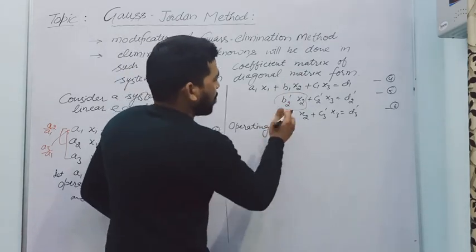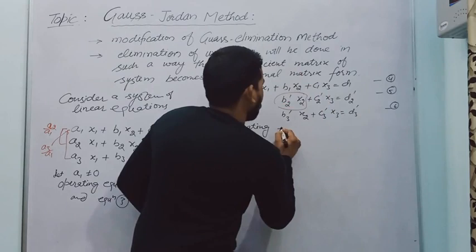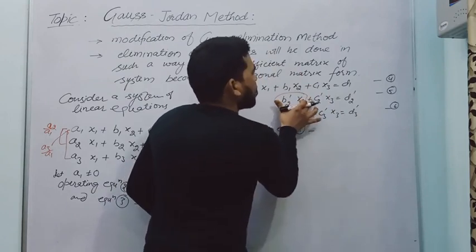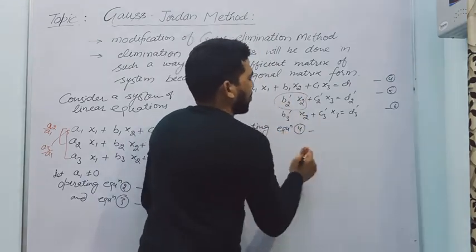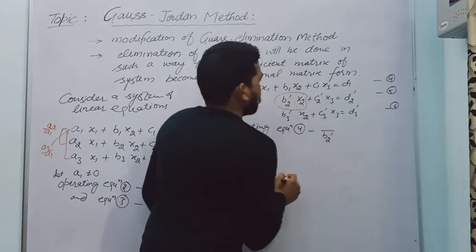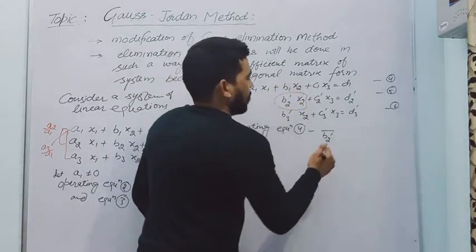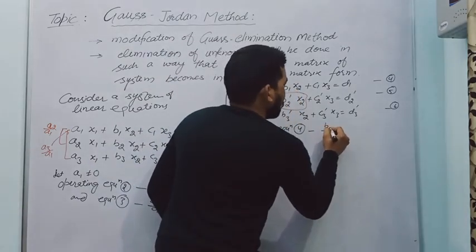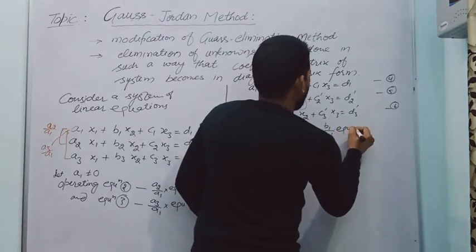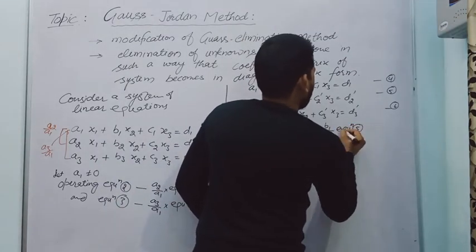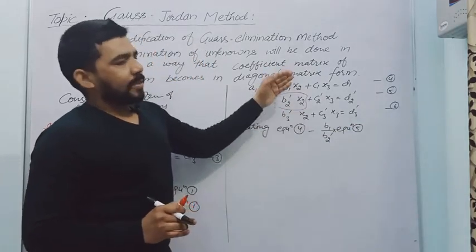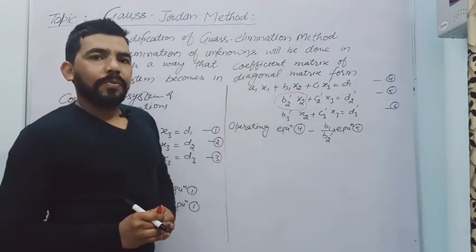So equation number 4 minus, what do we multiply this equation with? The b2 dash should cancel, so it should be divided by b2 dash, and multiplied by b1. So that should be b1 by b2 dash of equation number 5. Multiply with this and subtract from equation number 4.